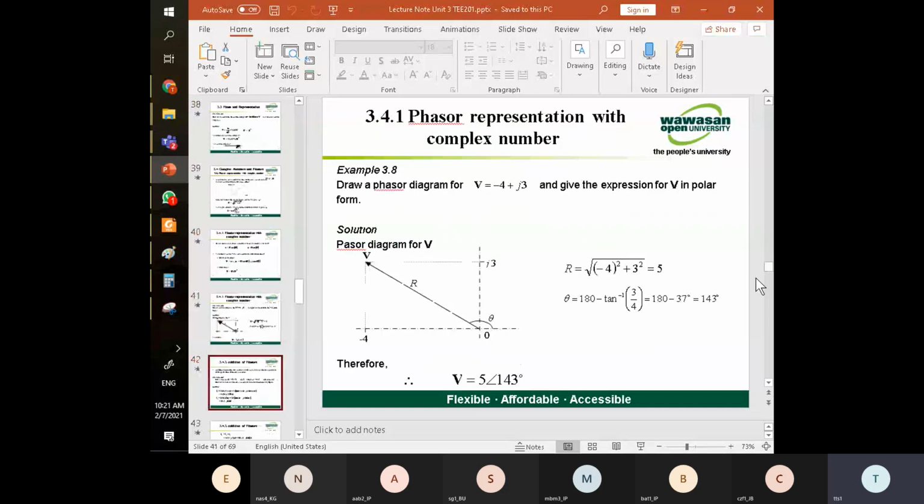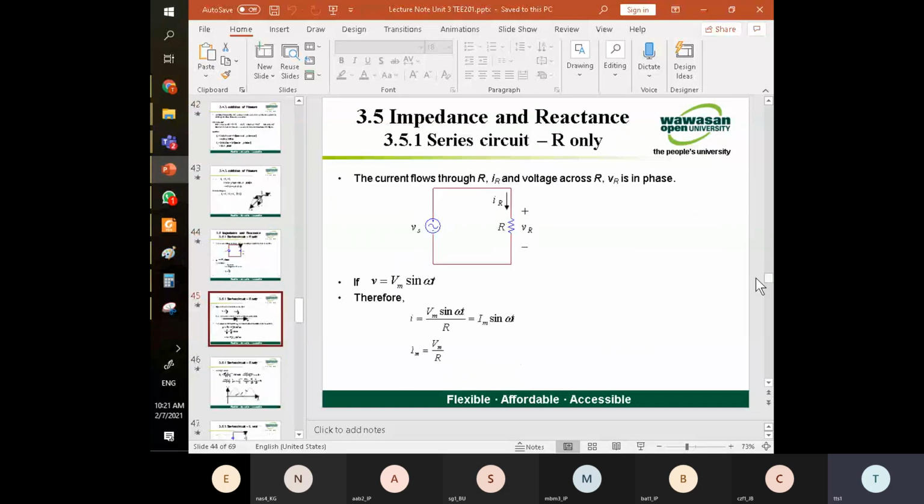This one is really simple, because the R, sometimes we call this a pure resistance, pure R. When it's a pure R, things become really simple. There's no lagging, no leading. The waveform will start from 0 and go back to 0 at 180 degrees. When the thing is R, things can be really simple.